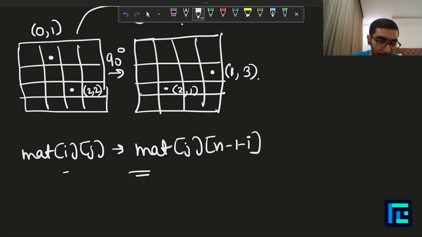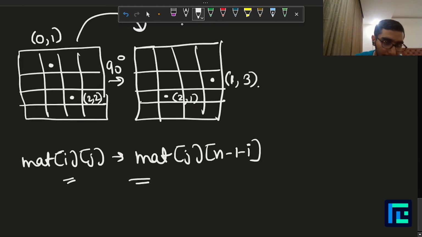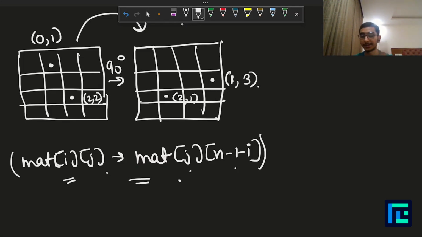This is the pattern that is followed if you rotate the matrix by 90 degrees clockwise. So any value that was at i comma j would now be present at j comma n minus 1 minus i, right? So this is the function that I was talking about. If you apply this function once on your matrix, you have essentially rotated it by 90 degrees.